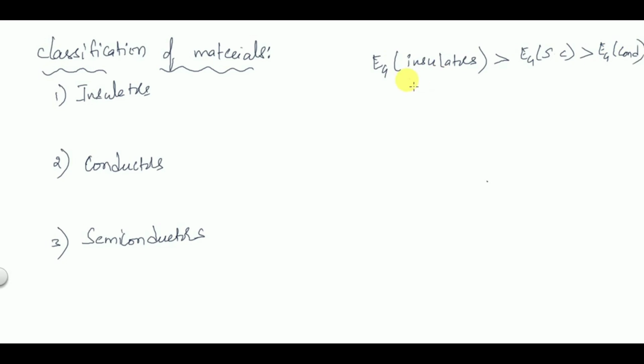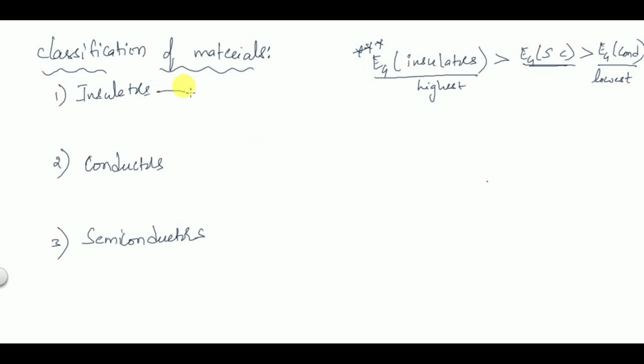This is the descending order: the energy band gap is highest for insulators, lowest for conductors, and semiconductors lie in between the two. This is the relationship you have to remember. Increasing and decreasing order questions like these are widely asked.